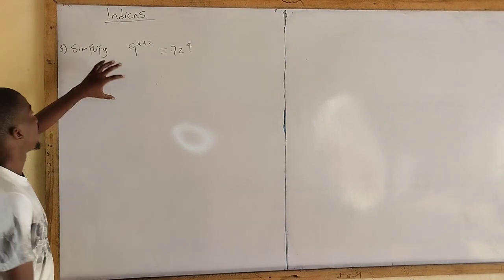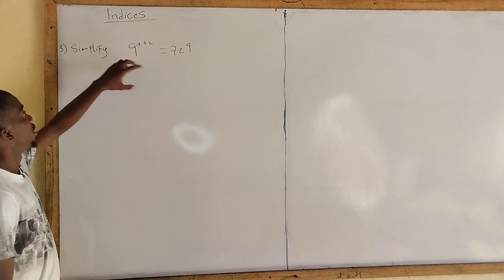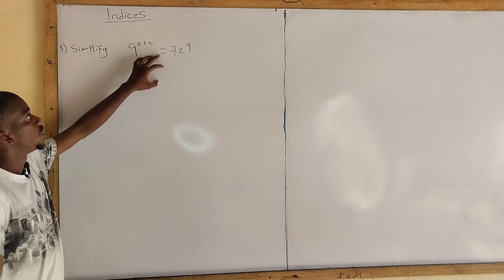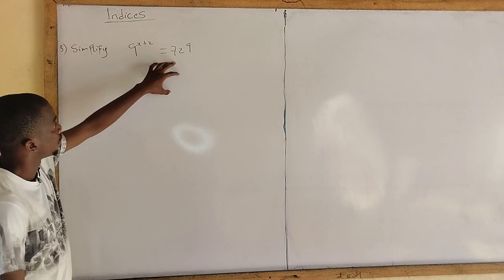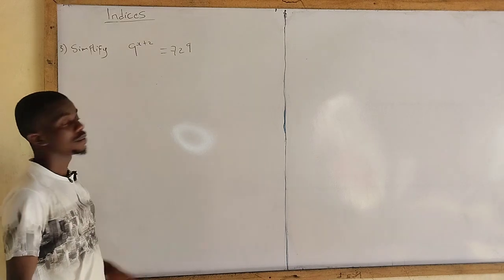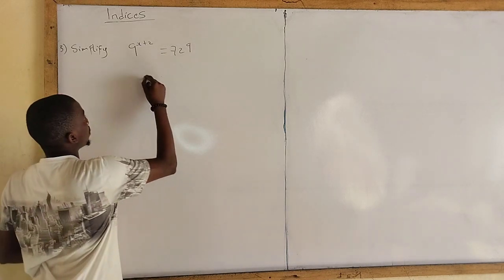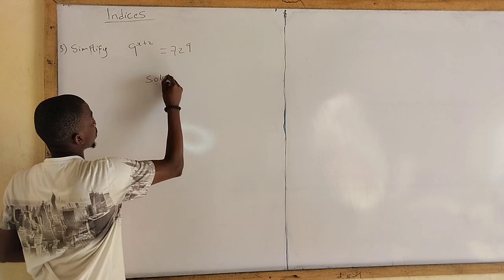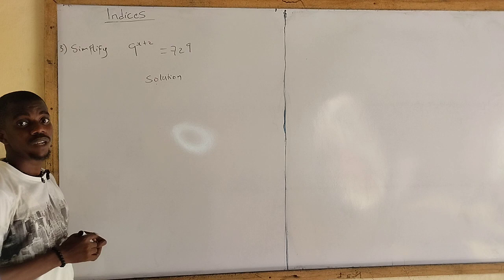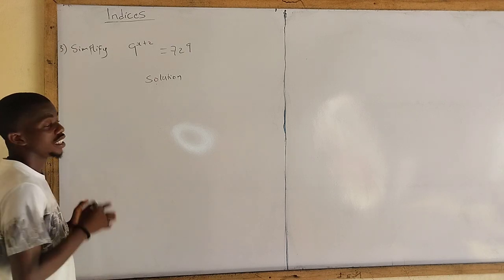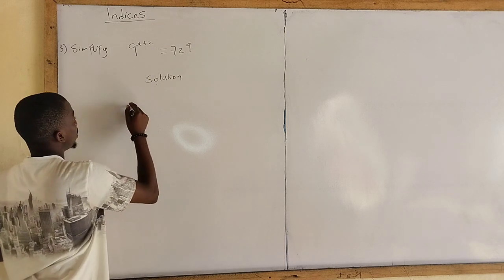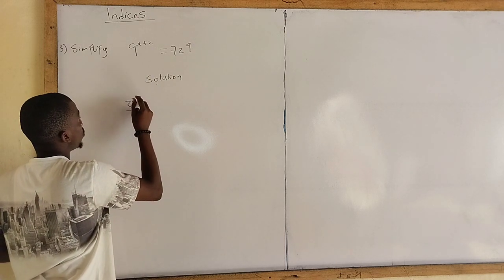The next question says simplify 9 raised to the power of x plus 2, which is equal to 729. Solution: first, remember that we have to write everything in its index form. If we write 9 in its index form, this is 3 raised to the power of 2.